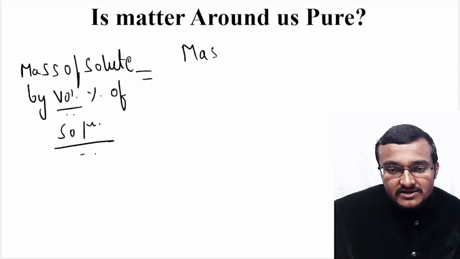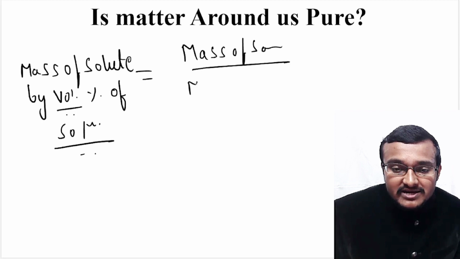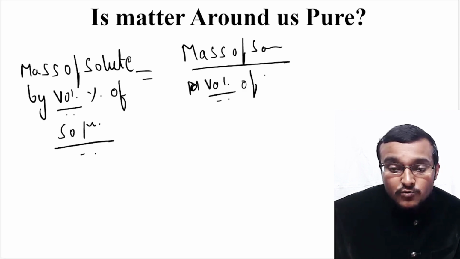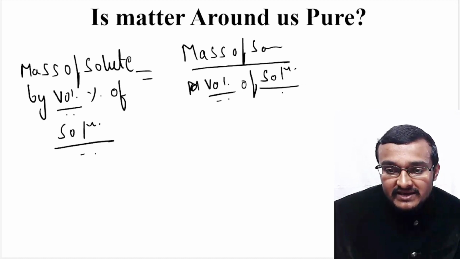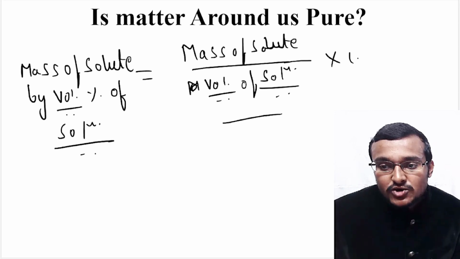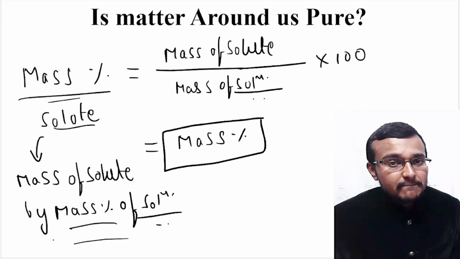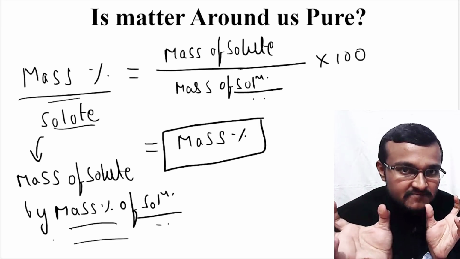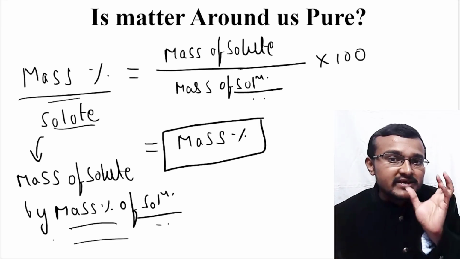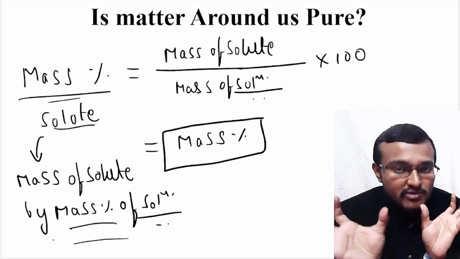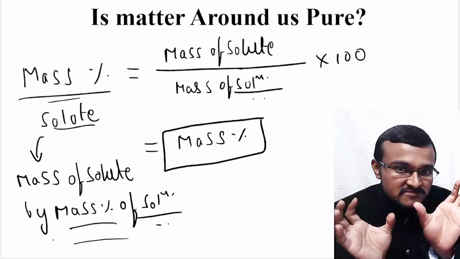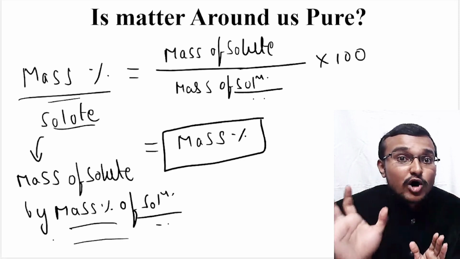In the numerator there will be mass of solute, and in the denominator there will be volume of solution, into 100. So in the first case, you are comparing mass of solute with the mass of solution. In the second case, you are comparing mass of the solute with the volume of solution. So this is known as mass percentage and this is known as volume percentage.